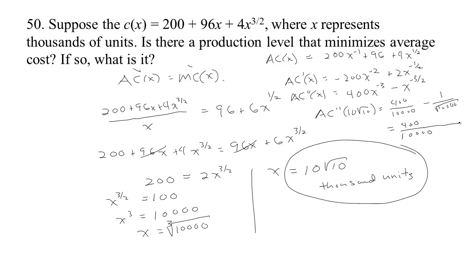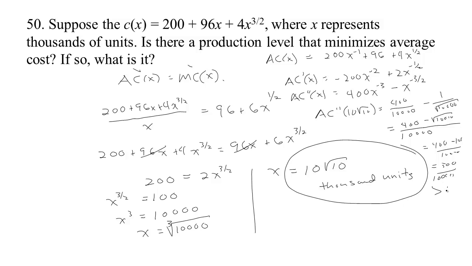If I get a common denominator, I'd multiply this one time by the square root of 10,000, so we'd have 400 minus the square root of 10,000, all over that common denominator of 10,000. And the square root of 10,000 is 100, so we get 300 over 10,000.